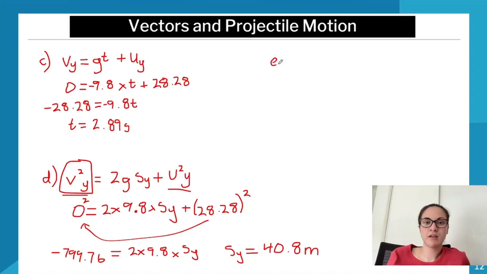Now let's do E. All we need for this one is displacement in the x direction is equal to the initial horizontal velocity multiplied by time. And hopefully you guys can read that. So that's just going to be equal to 28.28 multiplied by 2.89.